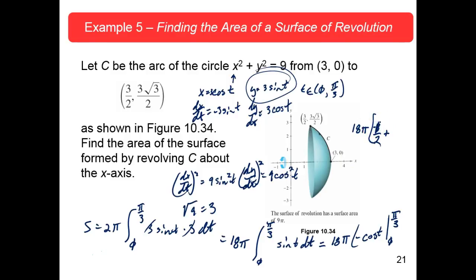We're not on this circle anymore, but I was showing you that. So that part would be a minus 1/2. Remember, that's a minus there. Then that minus is going to be plus, and what's cosine of 0? It's 1. So it's a minus 1/2 plus 1. So guess what? That's going to be 1/2. So that's 9 pi. That is our answer.